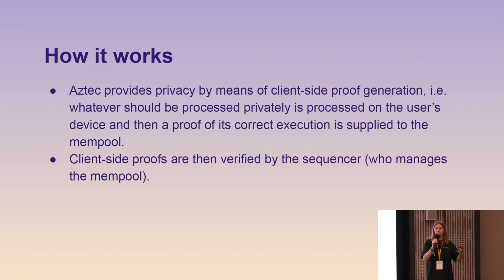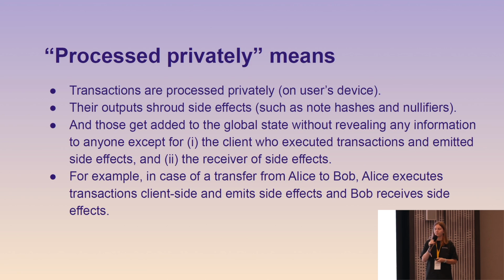Then the proof is supplied to the mempool, and the verifier, the sequencer, verifies the proof that whatever was executed client-side was executed correctly. And when we say processed privately, we mean that transactions are processed privately, and their outputs through some side effects, and those get added to the global state without revealing any information to anyone except for who conducted the transaction.